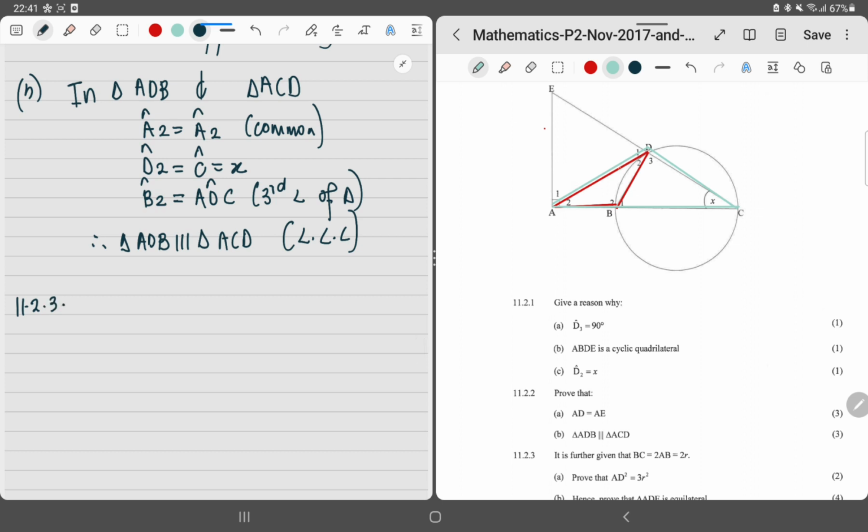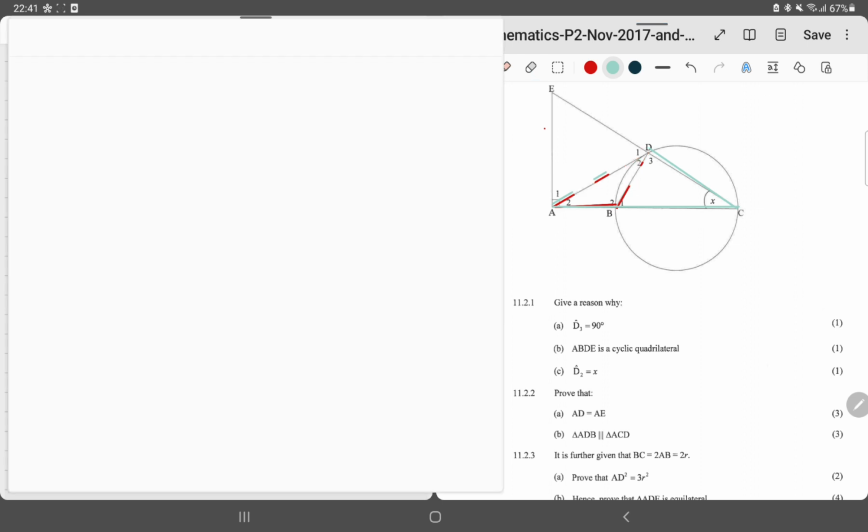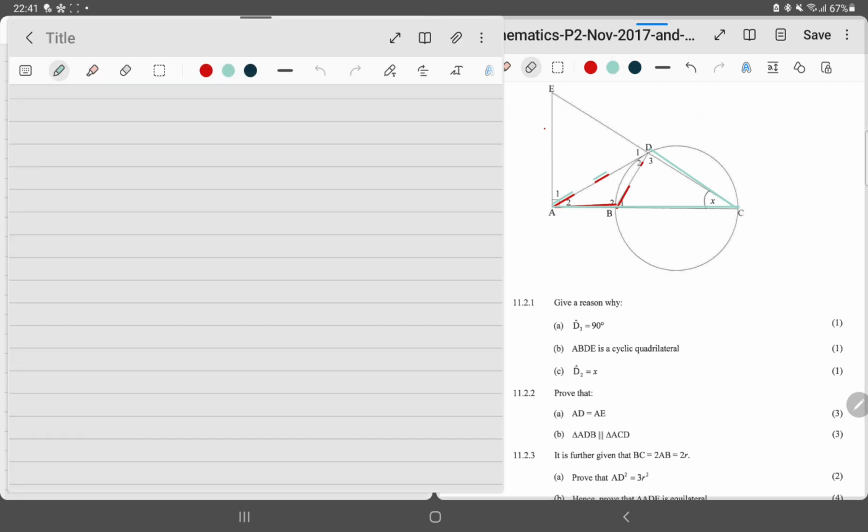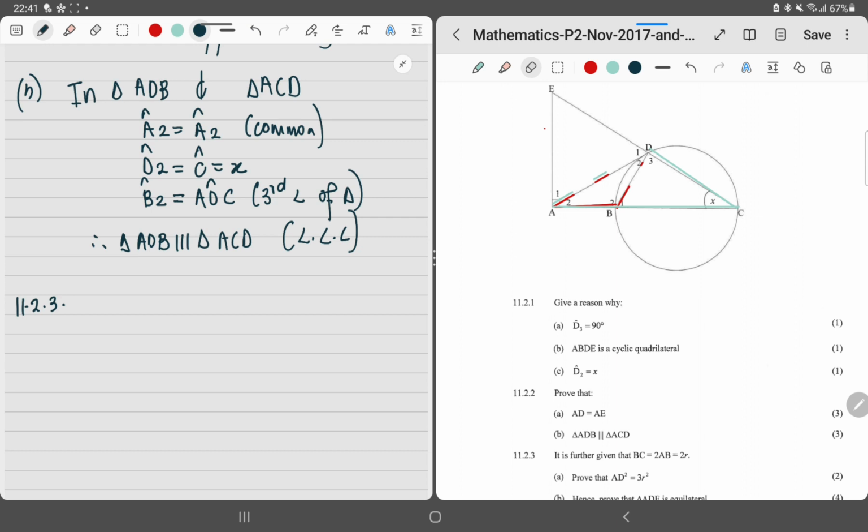11.2.3. It is further given that BC is equal to 2AB, which is equal to R. So AB must be R so that BC can be equal to 2 times that.